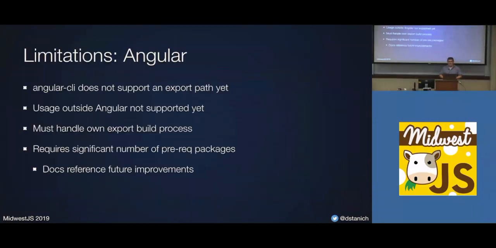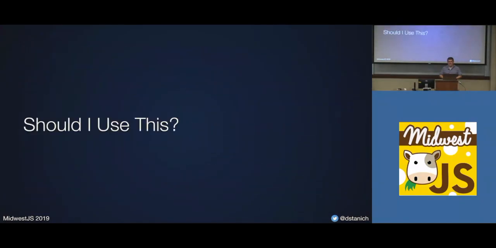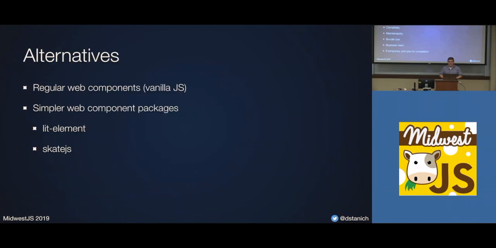In terms of using it, the syntax, like I showed you, that basic web component syntax is pretty ugly, right? LitElement is really fantastic if you look at it. It's by the Polymer team. So maybe take a look after, we can chat, and I can show you an example. But it's basically like writing a framework component that you're used to in React or Angular. And similar with Skate.js, it just makes it way easier to do.